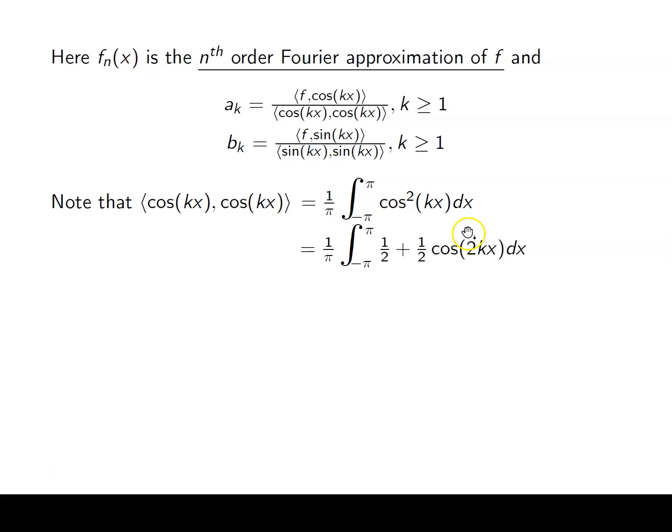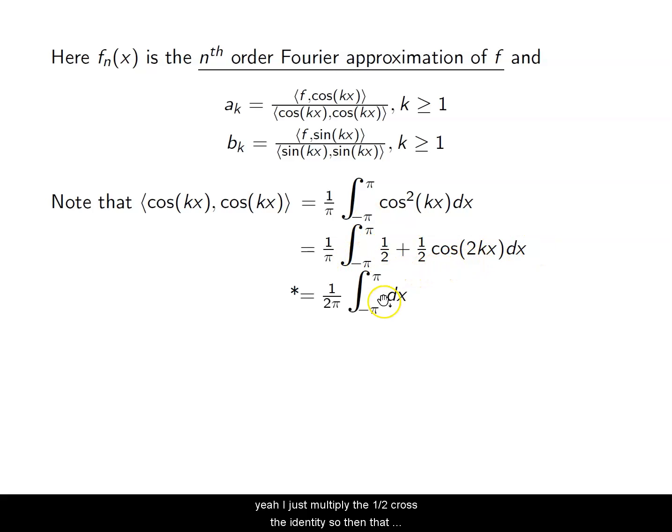Using the reduction of power formula from trig, we can replace this with 1/2 times 1 plus cosine of 2kx. Here I just multiplied the 1/2 across the identity.